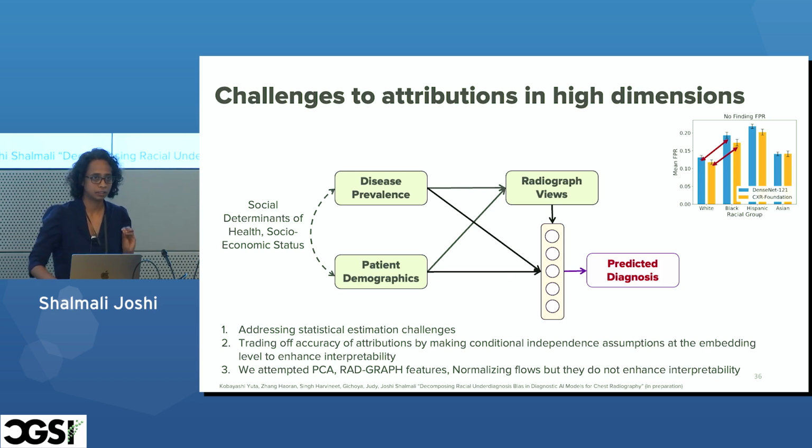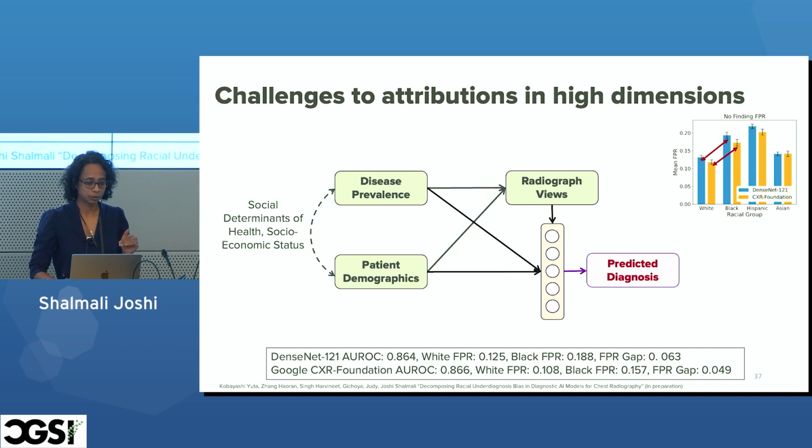We looked at the embeddings instead of modeling the X-rays directly or even using IPW style methods, because they are statistically challenging to model here. And then we treat these individual embedding dimensions as conditionally independent given these parents. So we might be trading off some bias in our attributions, but we gain something in terms of interpretability. We attempted this with multiple distributions, but I'm not going to go over it due to time.